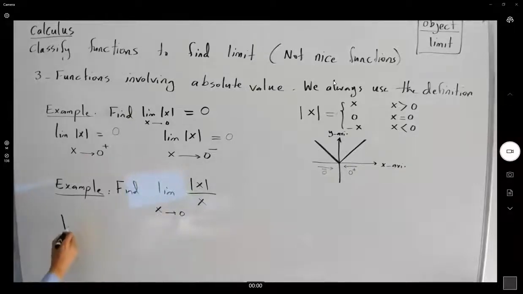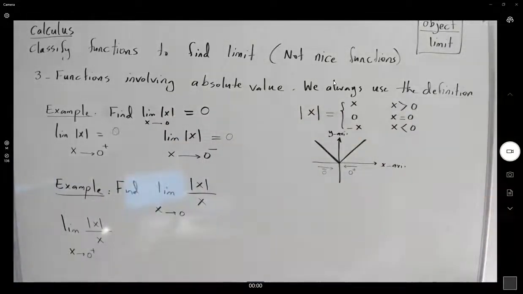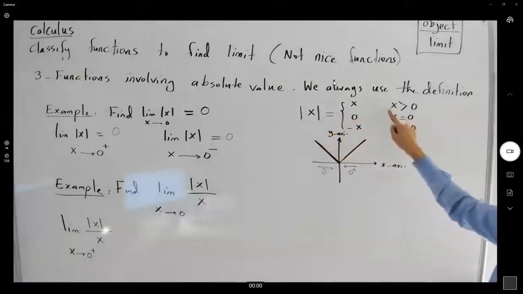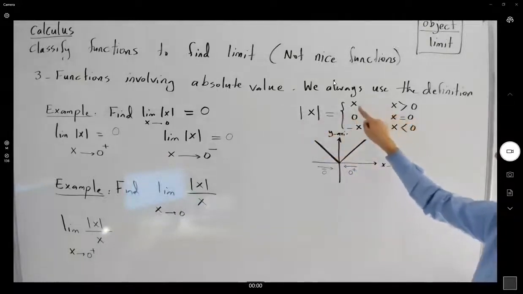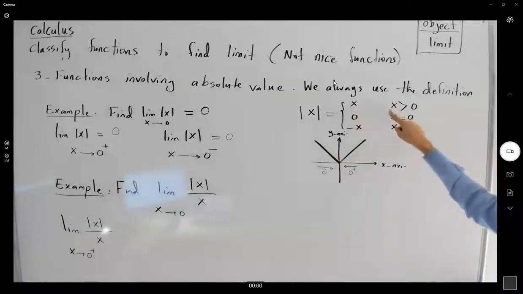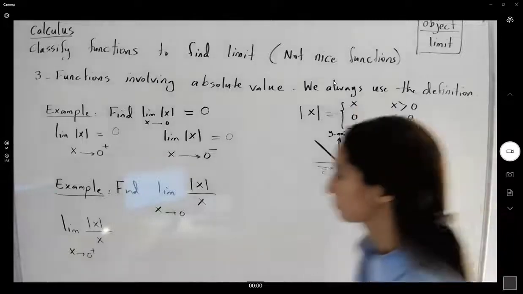So let us find the limit of absolute value of x divided by x as x approaches zero from right-hand side. Absolute value of x for positive numbers is equal to that number. So if you're getting closer and closer to zero from the right, you're going to have x.